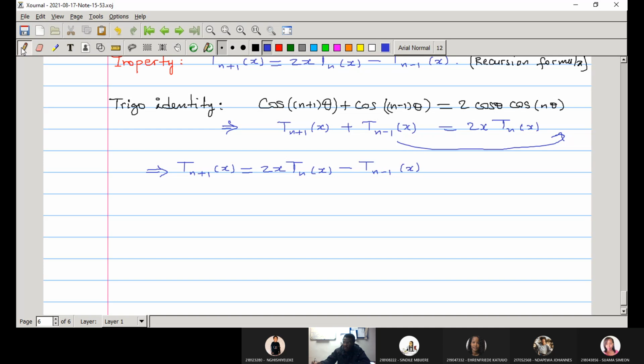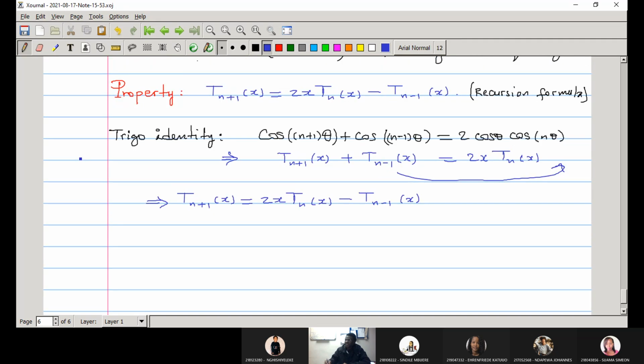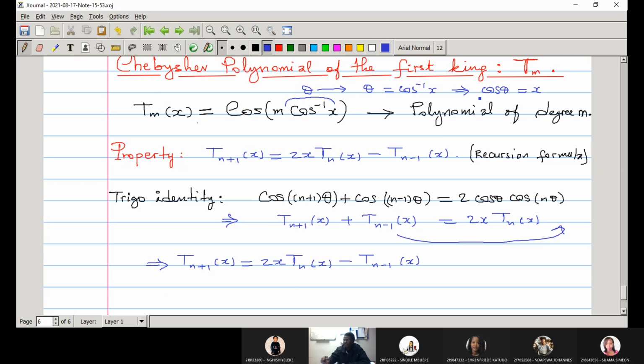And now from this recursion formula, you can see that Tn is of degree n. Just do that by recursion. If n is equal to 0, from this definition, Tn x is equal to T0 x.